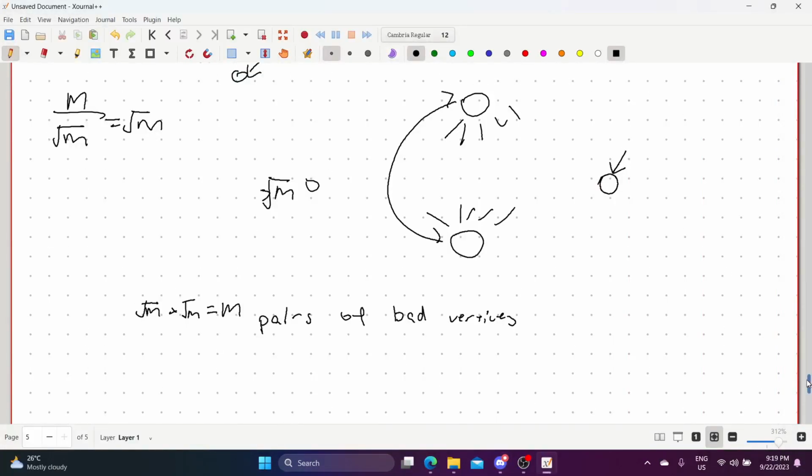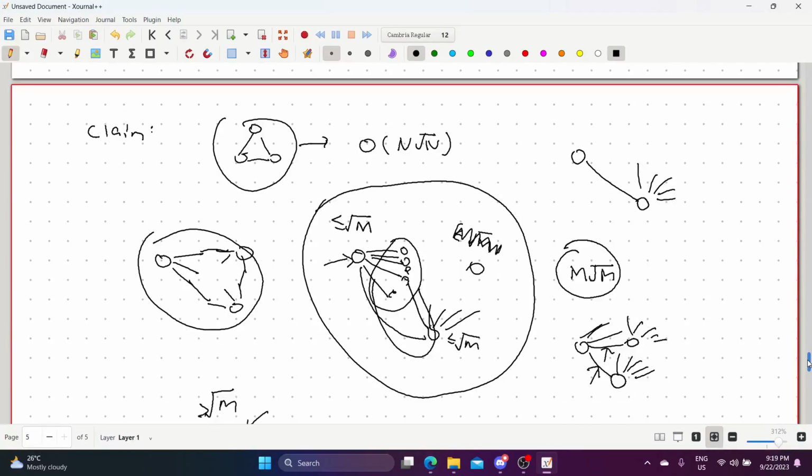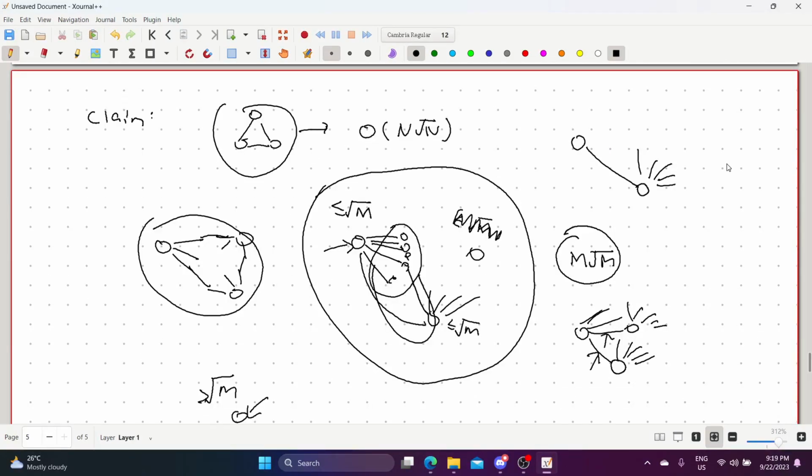Okay, let me go back to the previous part. So this is our claim. Actually, I think this should be m square root m or something, or some around there.